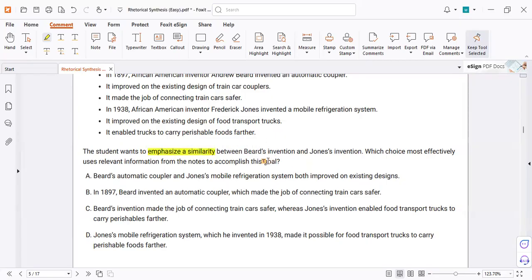What is the sentence that shows similarity between two inventions? As he said here, "for both." So both of them improved. I thought they both did trucks and transportation. I thought it meant the similar stuff in C, but no. Here it's a difference. We're asked to show contrast, difference between two ideas. Here's similarity. So it's letter A.